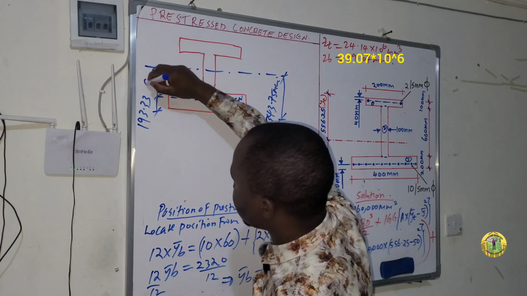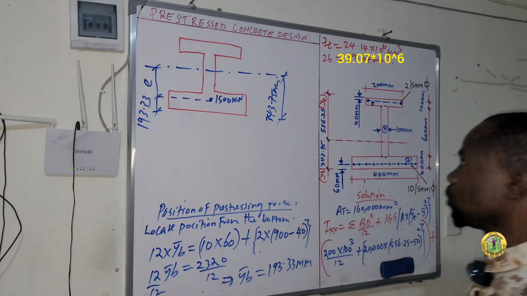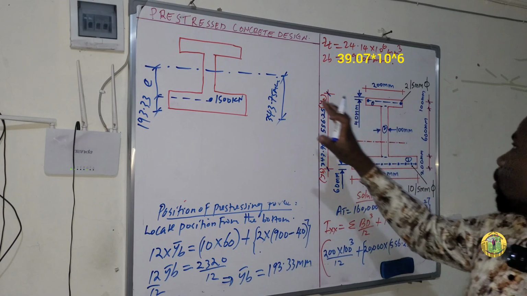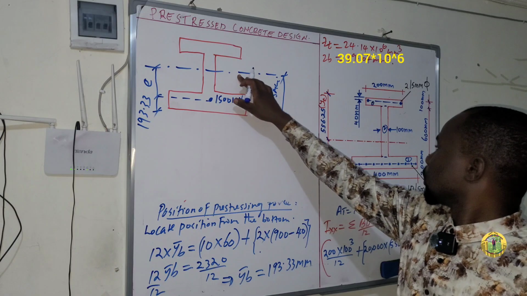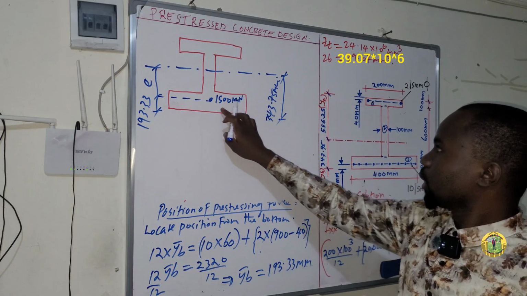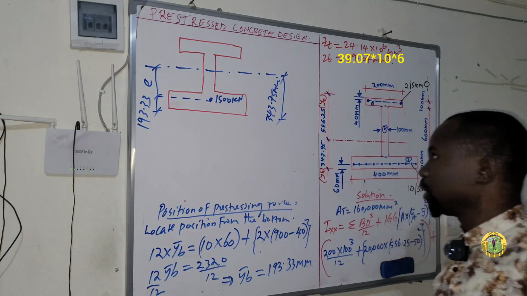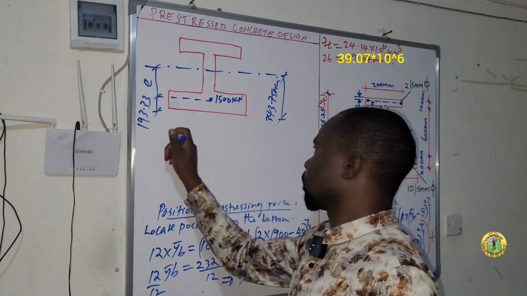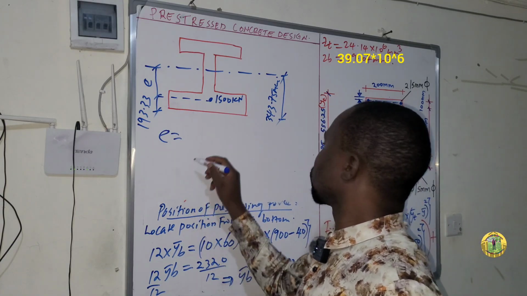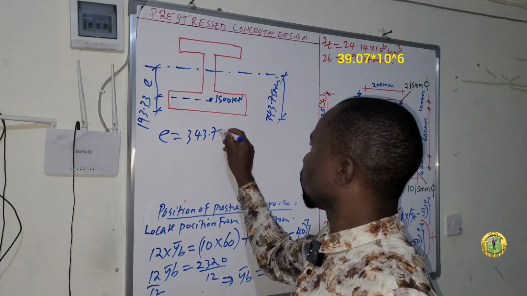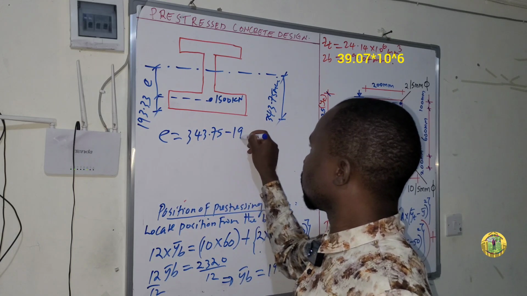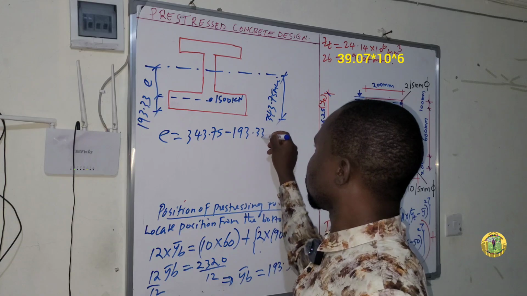So this will be the eccentricity, because eccentricity will be the distance from the center of this section to where the load is acting. So E is equal to 343.75 minus 193.33.